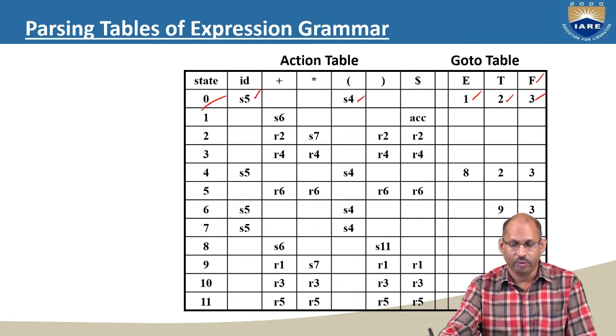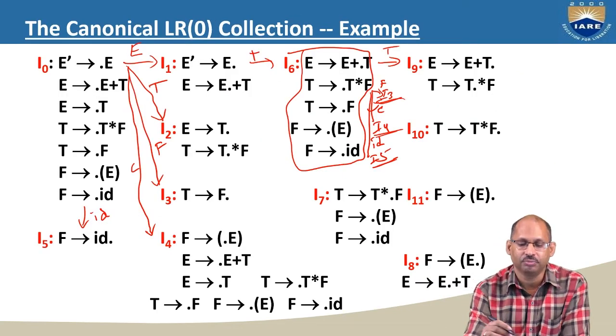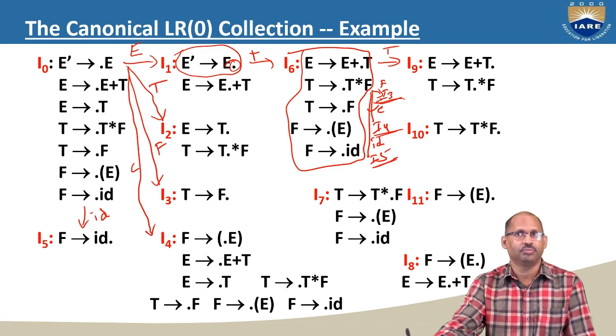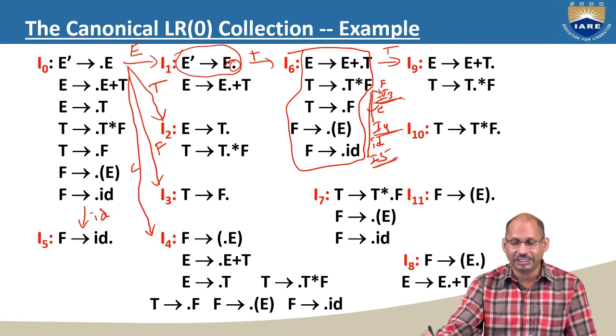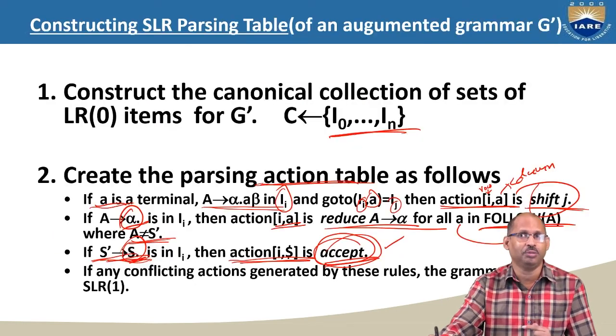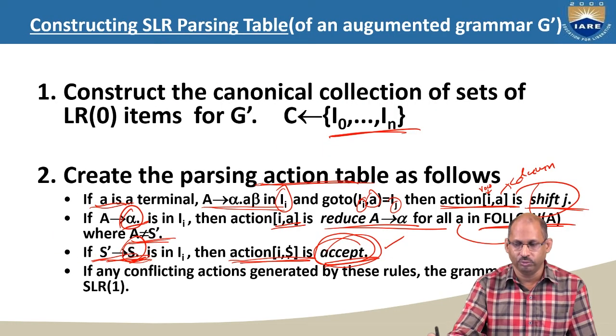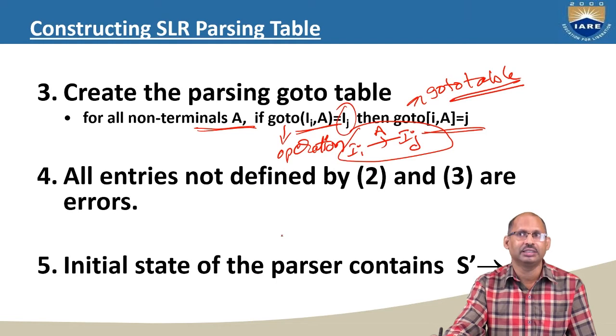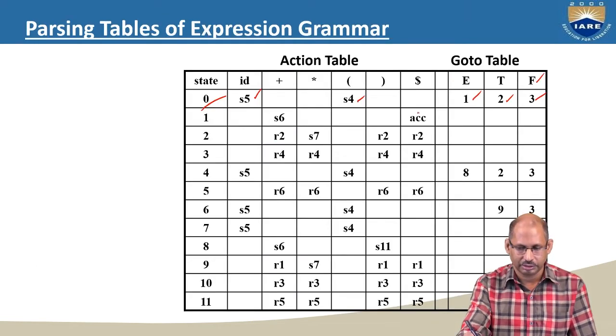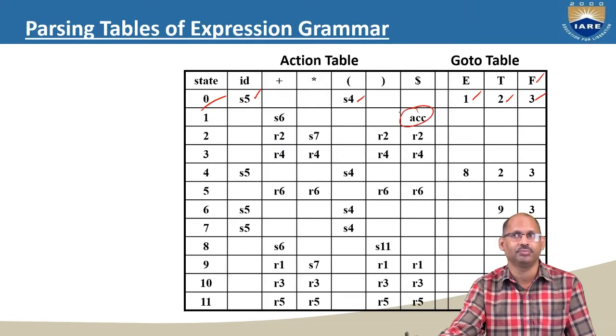Right? Now I1. What is I1? Dot at the end. If dot is at the end, what do we have to consider? Check whether it is a special production or a normal production. If it is a special production, according to this one, simply action of I1 comma dollar is accept.